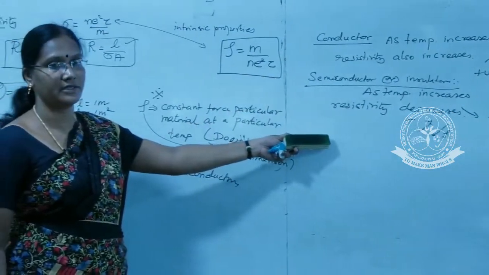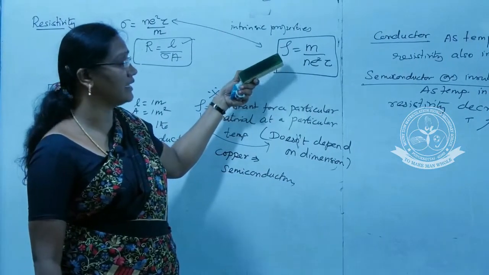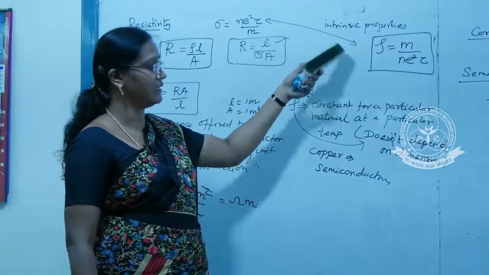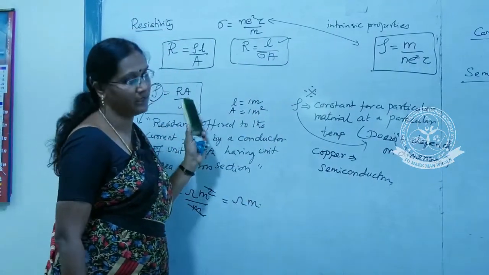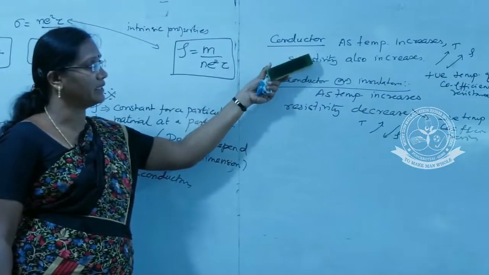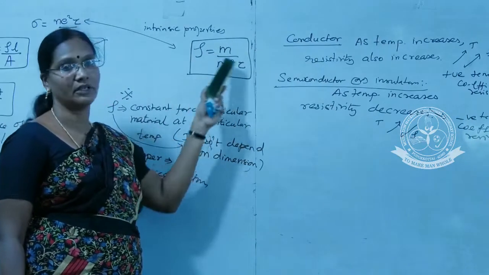So as I said, resistivity or conductivity is an inherent or intrinsic property, whereas resistance is different. In conductors, we have a large amount of charge carriers.